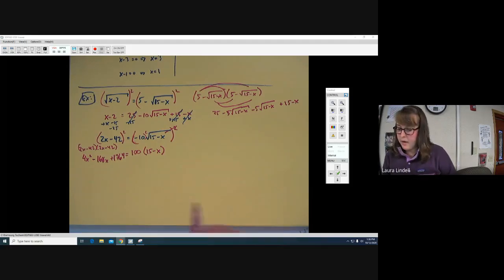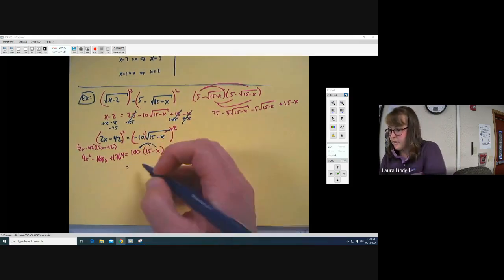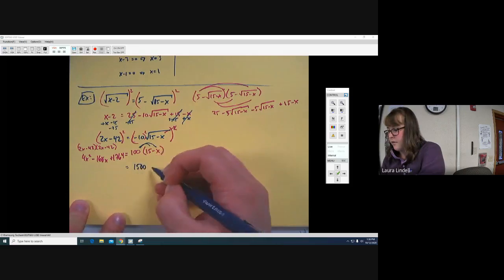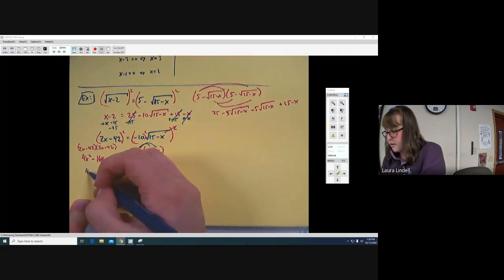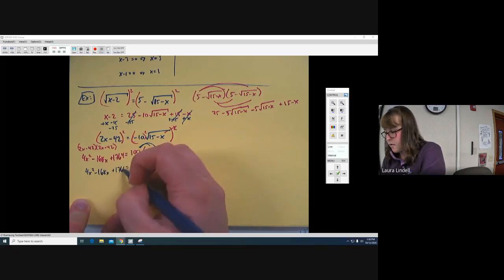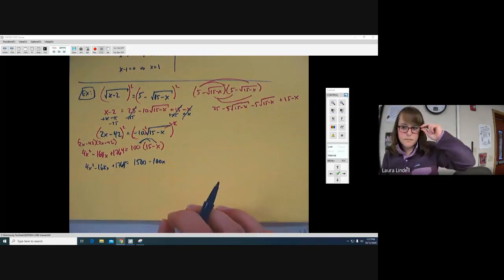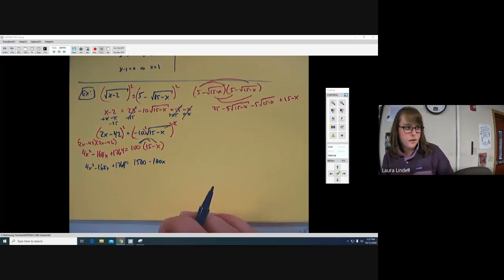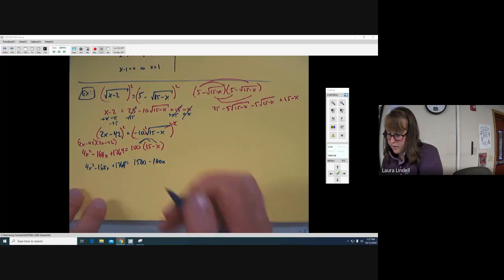Okay, so then what I would do is distribute the 100 through. So we get 1,500 minus 100x. And then I would add 100x to both sides.